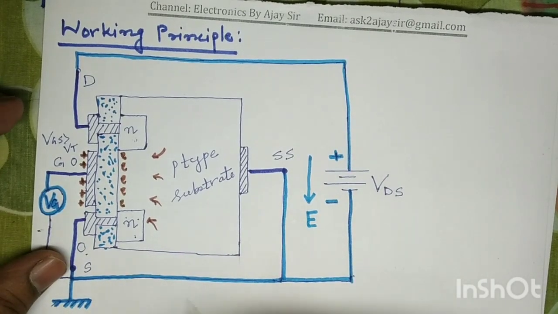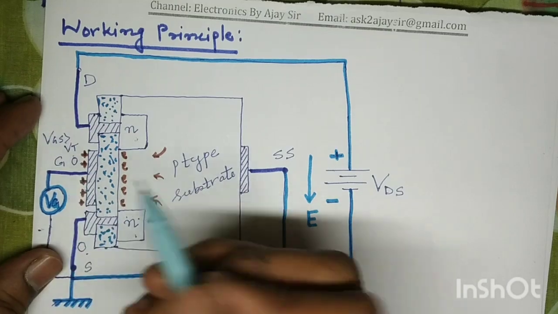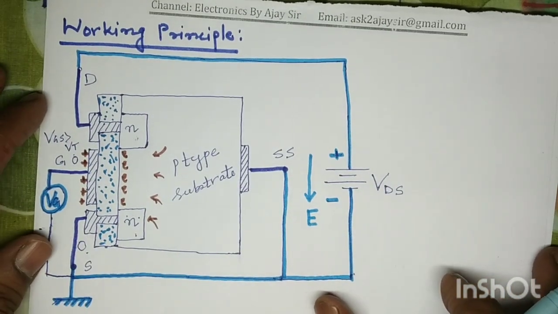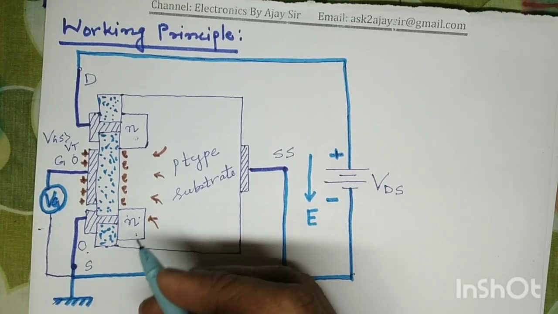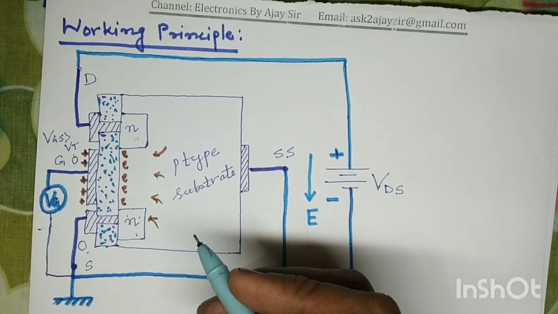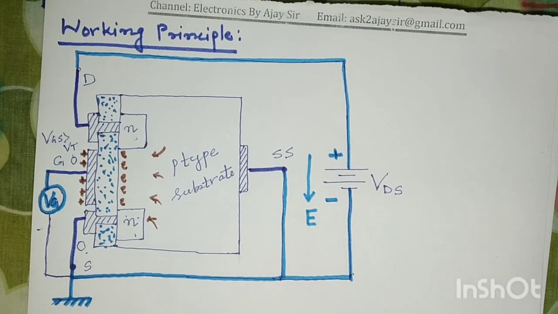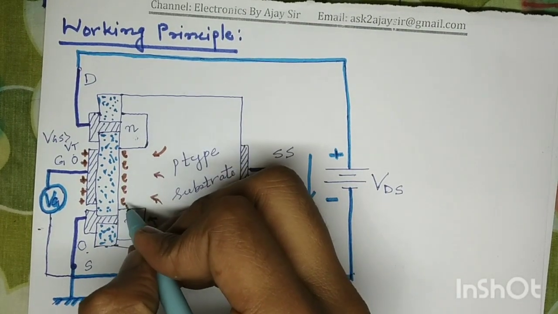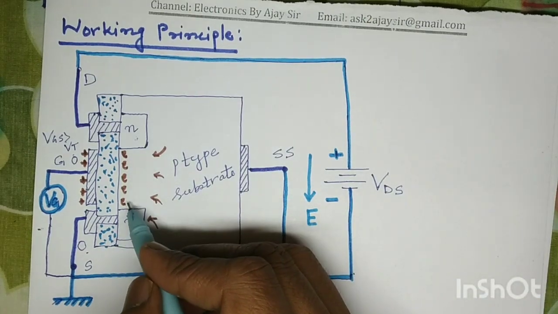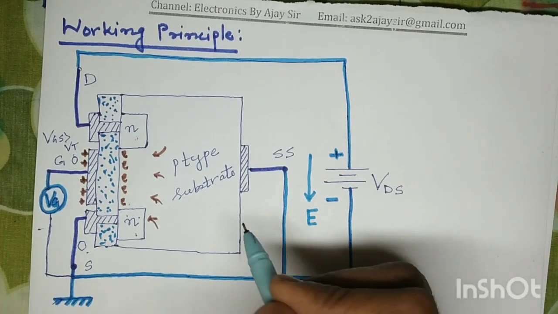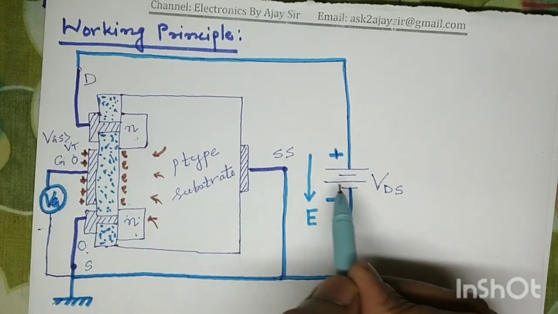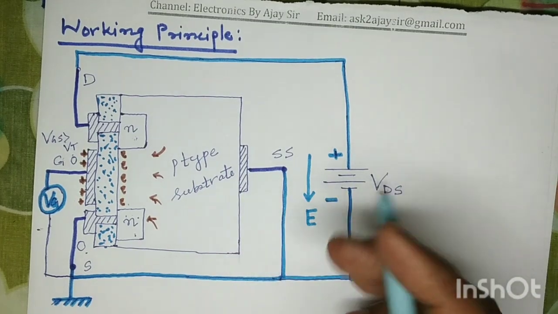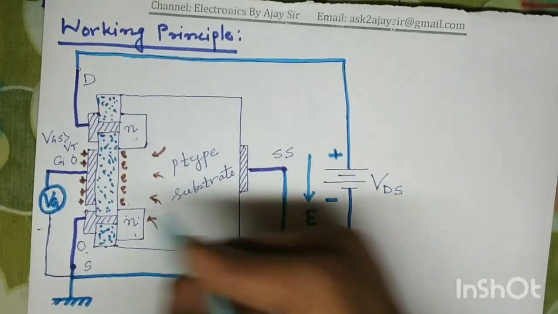So when VGS is above the threshold voltage, let's suppose the threshold voltage is 2 volt. When VGS is equal to 2 volt or above 2 volt, a sufficient channel will form. Under this condition, if we increase the value of VDS, we will find a significant drain current will flow from the drain to the source terminal.